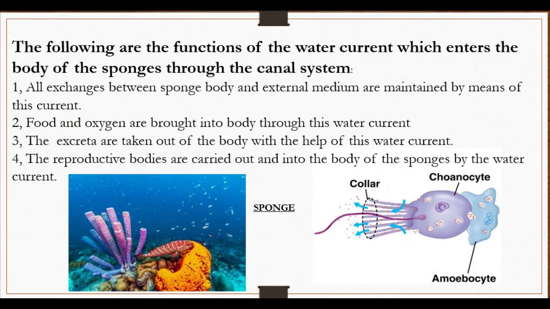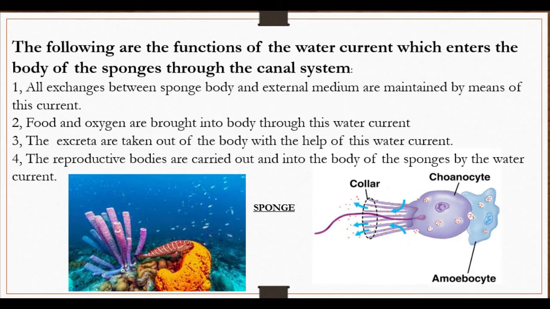The following are the functions of the water canal system, which is a frequently asked question. The first function is that all exchanges between the sponge body and the external medium are maintained by means of this current. Whatever exchange, be it respiratory, circulatory or excretory, happens because of this water current system.